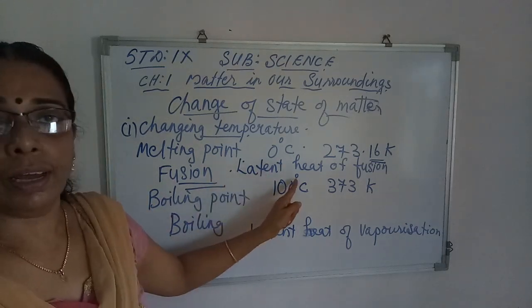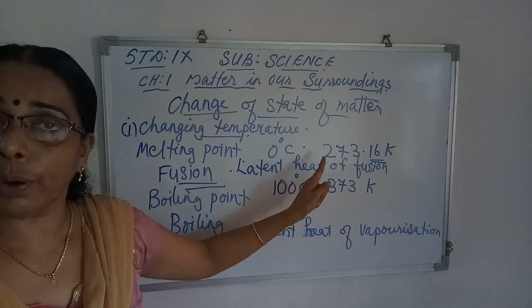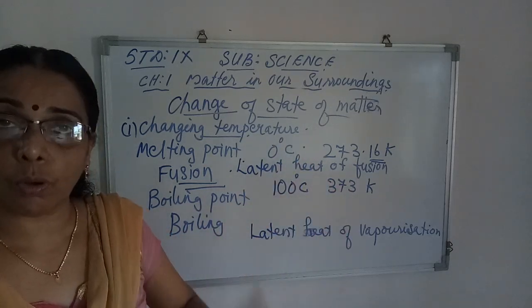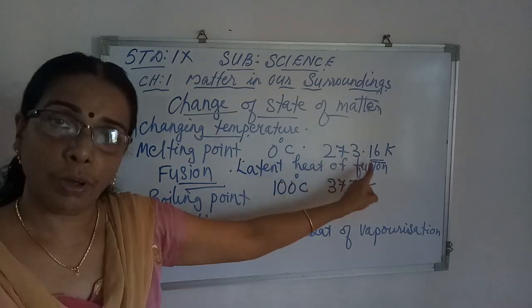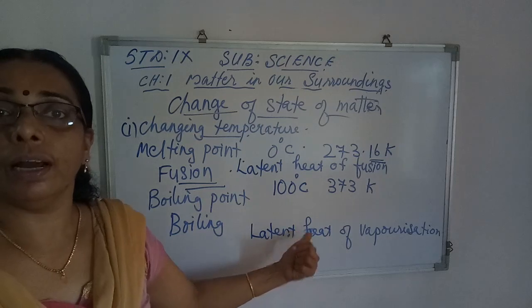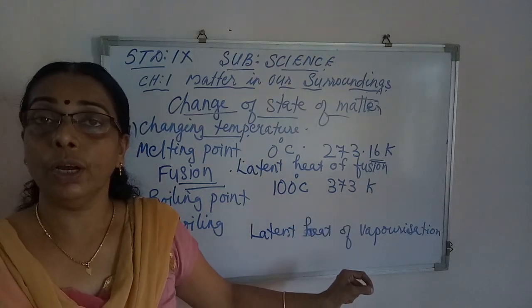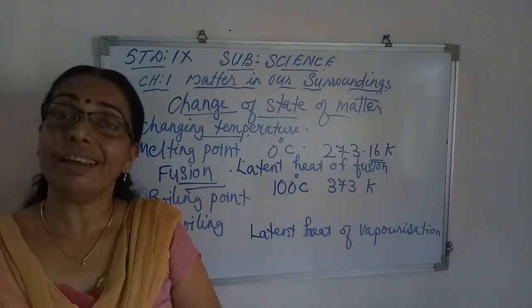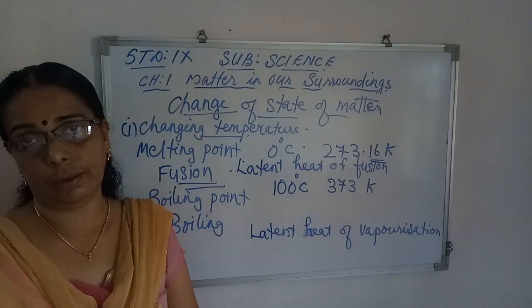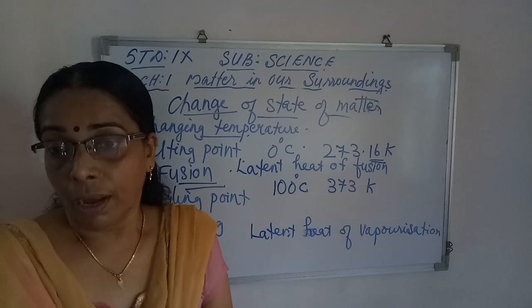And the amount of heat required to convert 1 kilogram of solid to liquid state is called the latent heat of fusion. In the same way, the amount of heat required to convert 1 kilogram of liquid to its gaseous state is known by the name latent heat of vaporization. Is that clear?